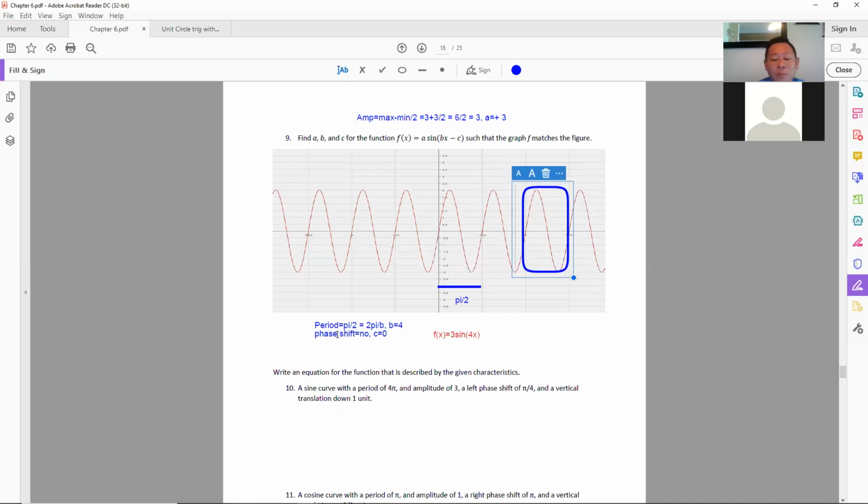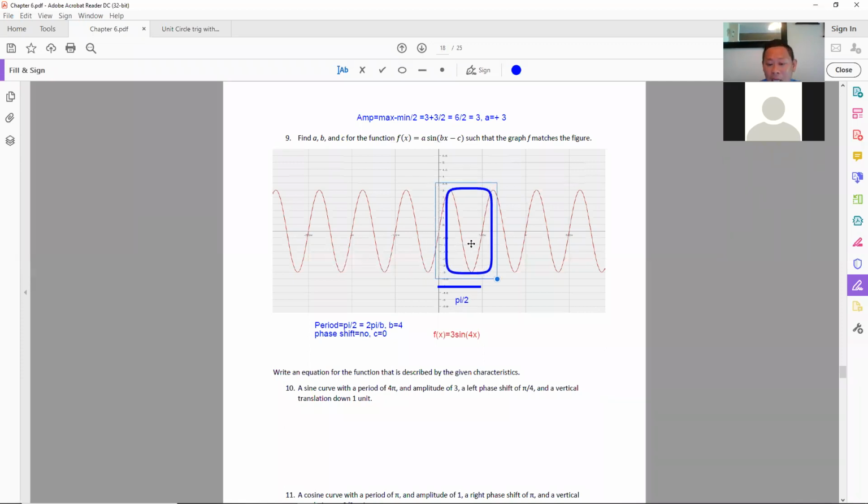If you want to draw the box, we always want to figure out the box that starts at the y-axis, because that will tell us whether we have a phase shift or not. That will make your life a little bit easier. But if you want to move your box to another full cycle, you are fine with it. Then you will have a phase shift in this case.